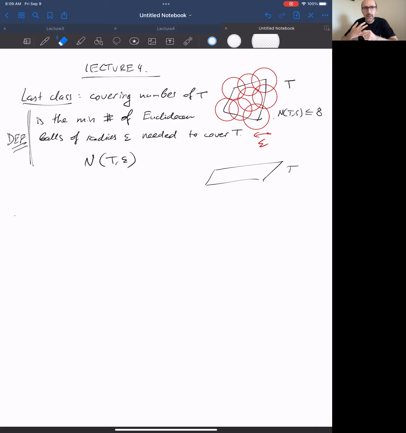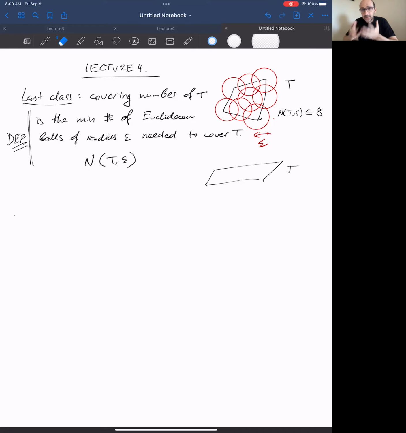Well, even in dimension 2 or 3, it could be very hard. Even for a circle, it could be a hard problem. Take a circle for T, and how many little circles you need to cover it, the minimum number. It's not very clear. So exact computation could be very hard, but we're interested in at least an approximate computation.